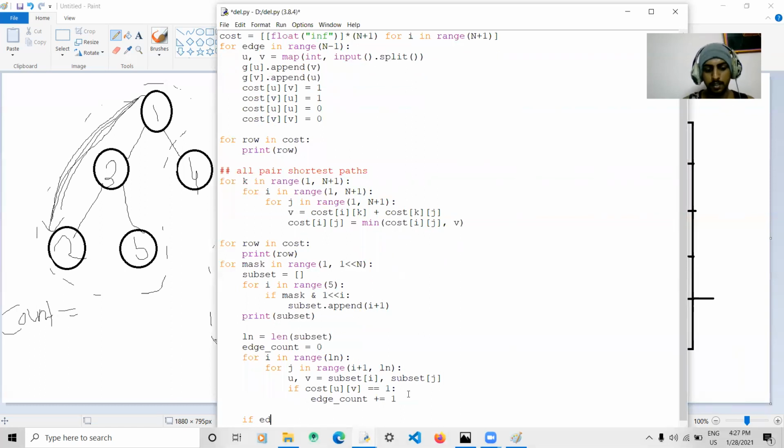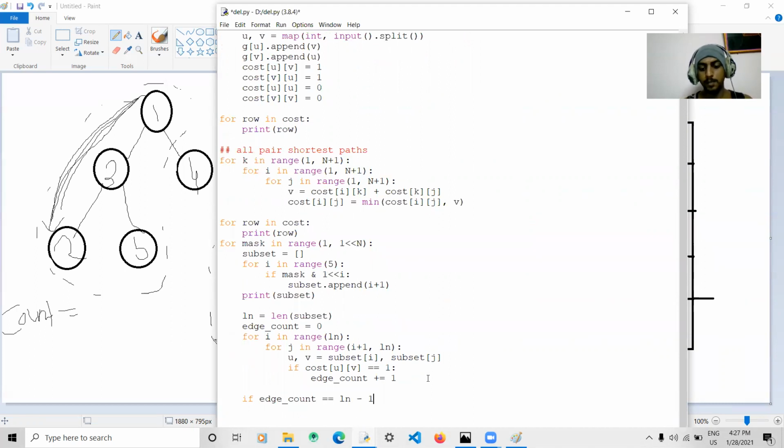If edge count is equal to len minus 1, which basically means the number of edges is 1 less than the number of nodes, then it is a tree by definition.